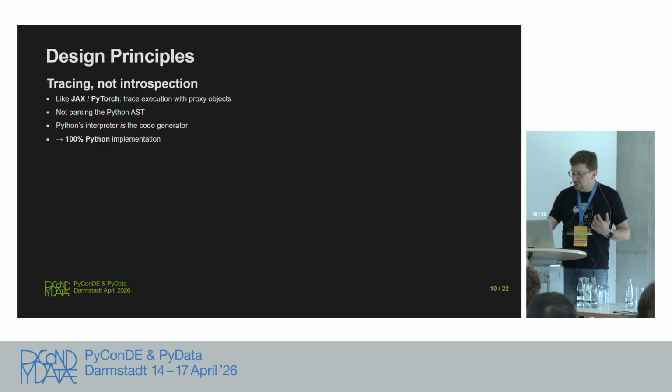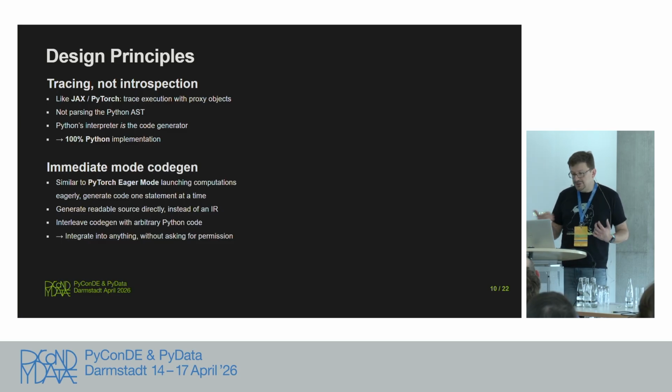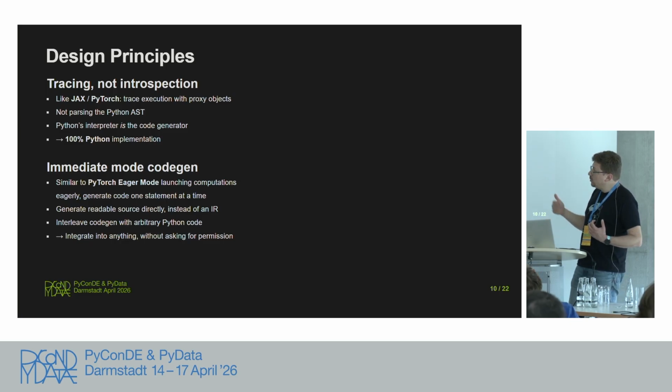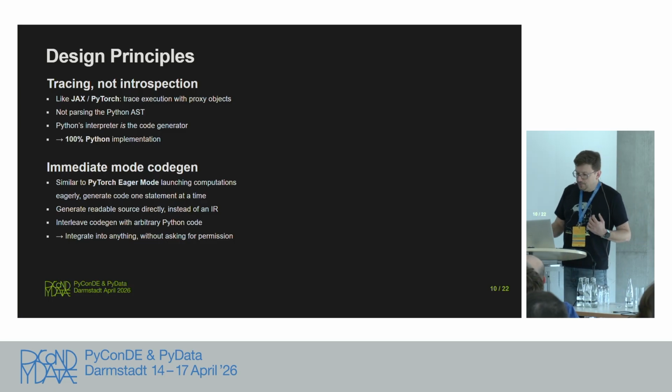We just emit code when executing Python code in a Python interpreter. And the second principle is immediate mode code generation, kind of similar to how PyTorch eager mode launches computations immediately, eagerly. We generate code eagerly, line by line, without building some kind of intermediate representation.